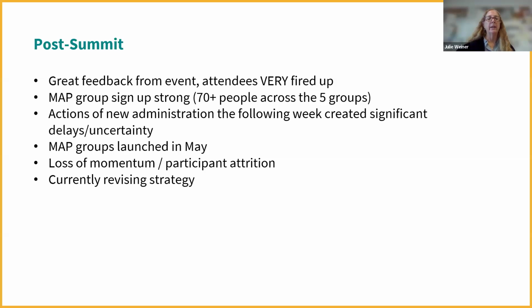And we had about 2 meetings, and then we went into summer, July and August, a little bit of delays there with people having vacation schedules. And so where we stand right now is a couple of things. We've lost momentum. So we've had attrition from the participation in the map groups, which is unfortunate. But many organizations, these are people that were volunteering.